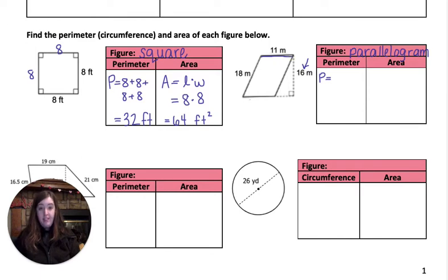We know we have 11 up here and another 11 down here. So we'll have 11 plus 11. We have an 18 over here on this side. And then over on the right side, we have another 18. So when we add all of those up, 11 plus 11 plus 18 plus 18, that gives me a perimeter of 58 meters.